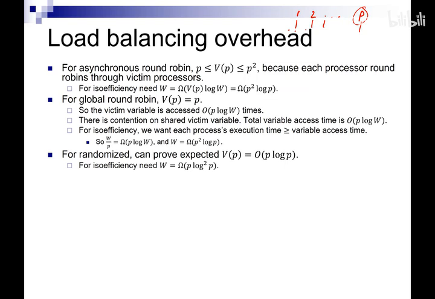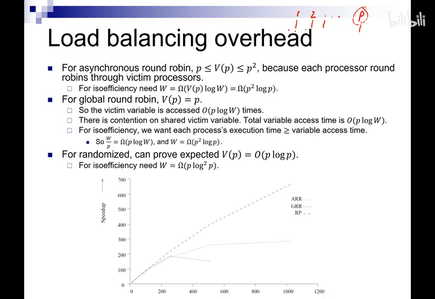So for randomized work stealing, V of P is going to be this, and the total work is V of P times log W, so W is going to be omega of P times log squared of P. You see that randomized work stealing is more efficient than the asynchronous or global round robin methods, because those both involve something like P squared, and this is just P times log squared of P.